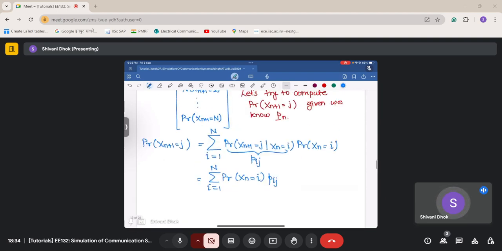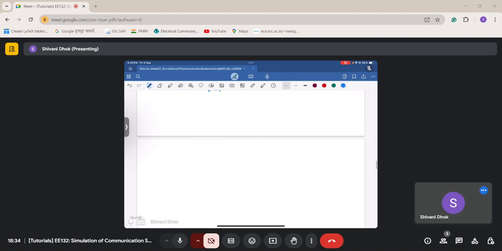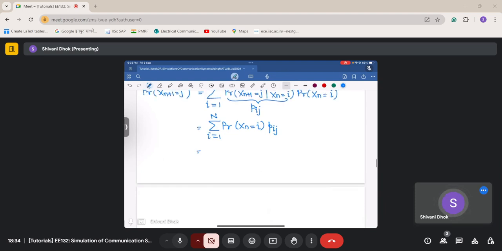So how can we write this? This thing we can write as P1j into probability that xn equal to 1 plus P2j into probability that xn equal to 2 plus, and so on, Pnj into probability that xn equal to n.